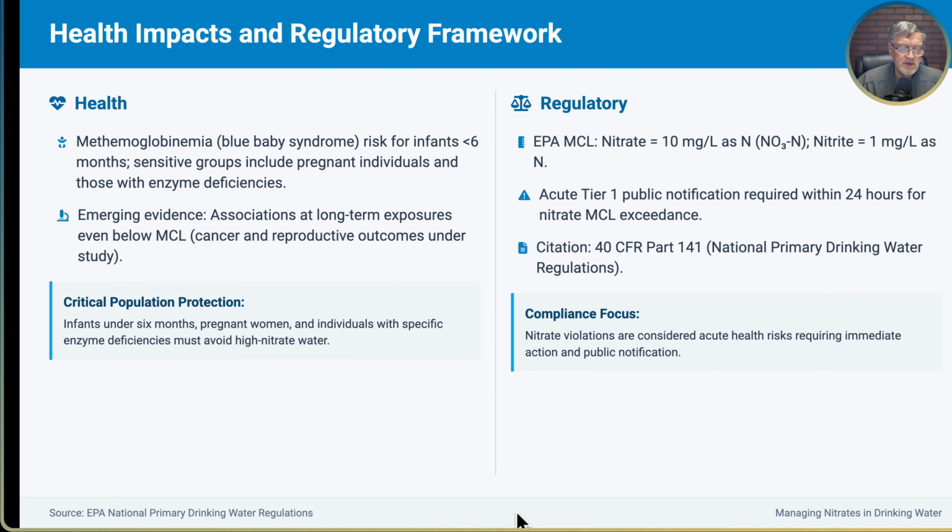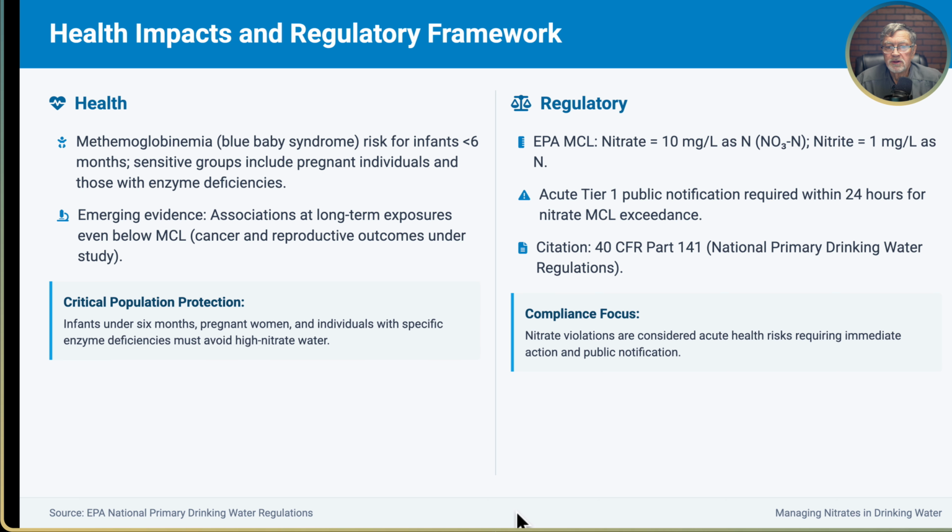There's emerging evidence that long-term exposures, even below the MCL, may be associated with cancer and reproductive outcomes, but that is currently under study, so there's no conclusive evidence. There is some information that points in that direction, so you want to be cautious and not just say that it's going to affect babies, because there could be some other factors there as well.